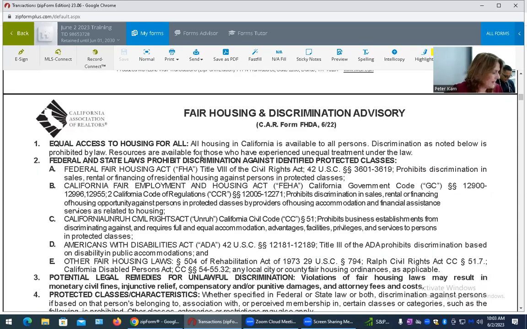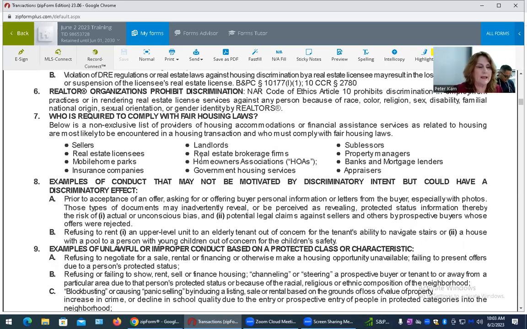So on the fair housing, I want to point out 8A. Prior to acceptance of an offer, asking for or offering buyer personal information or letters from the buyer, especially with photos, those types of documents may inadvertently reveal or be perceived as revealing protected status information.